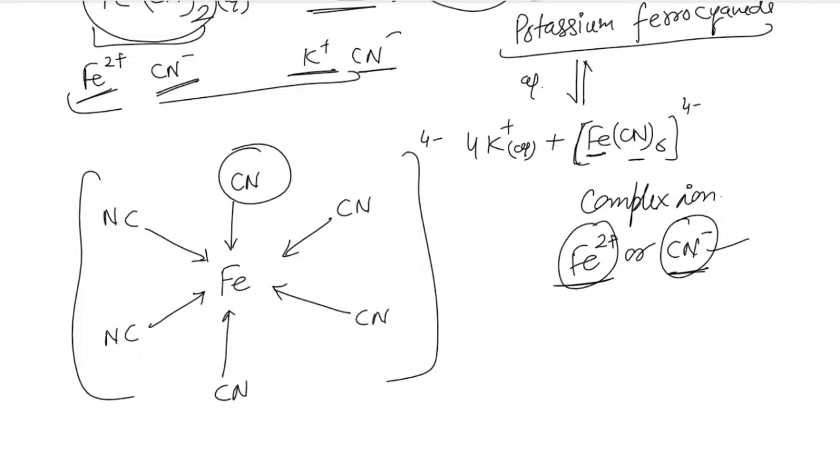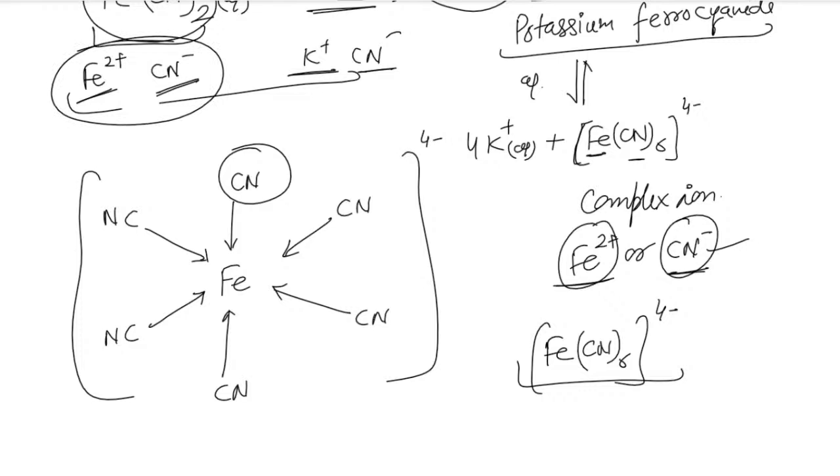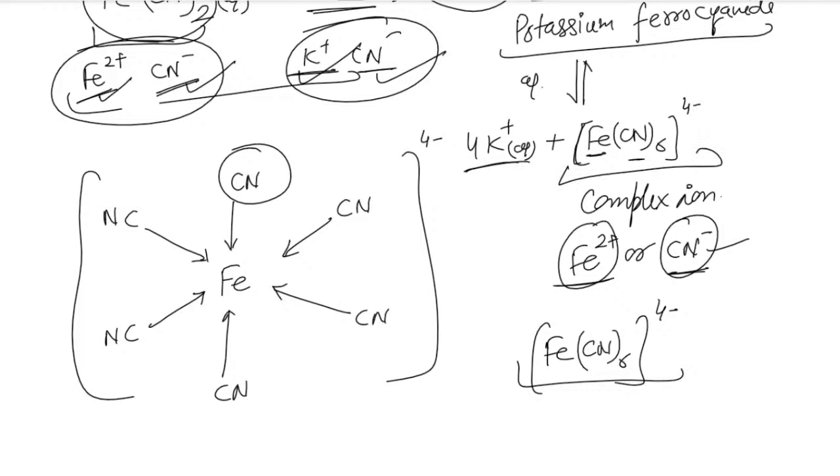Its properties are totally different from the constituents. Ferrous cyanide gives the test of ferrous ion and cyanide ion, potassium cyanide gives the test of potassium ion and cyanide ion, but when this complex is formed, it gives the test of potassium ion only, not Fe2+ and cyanide ion.